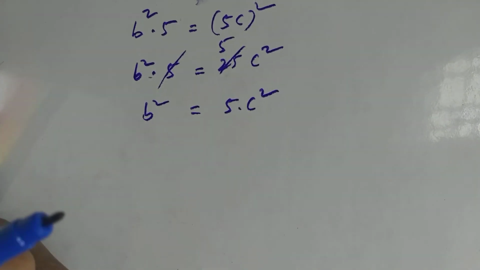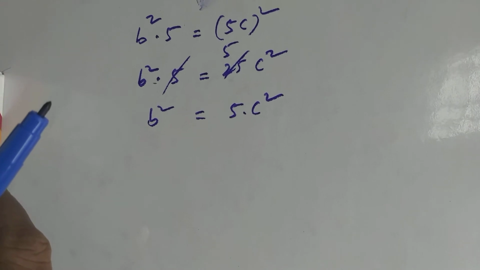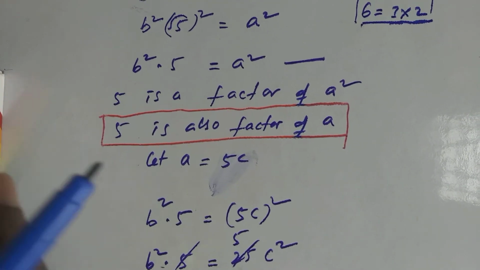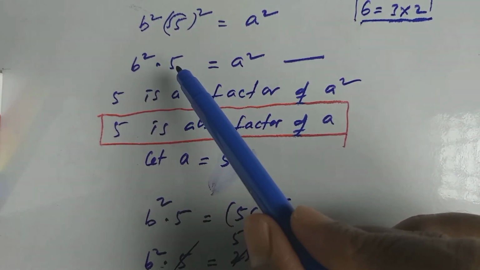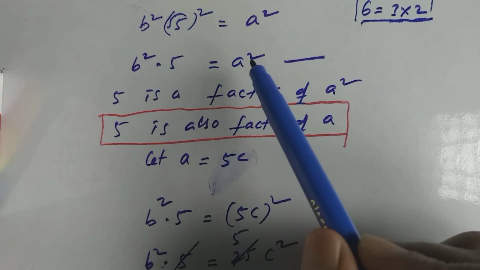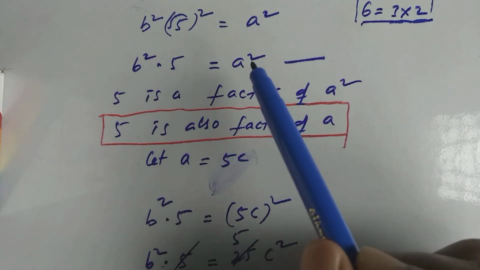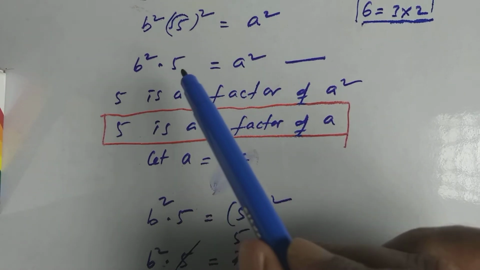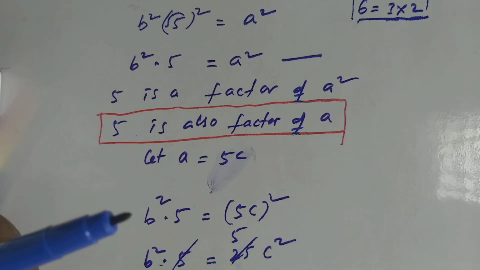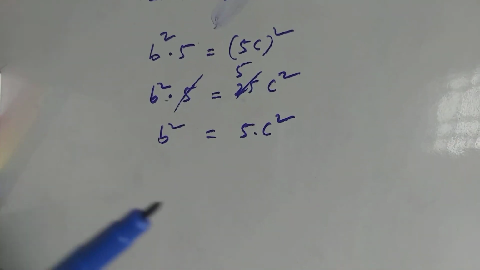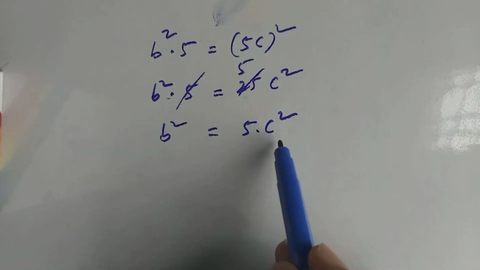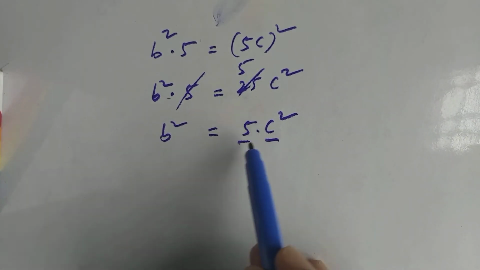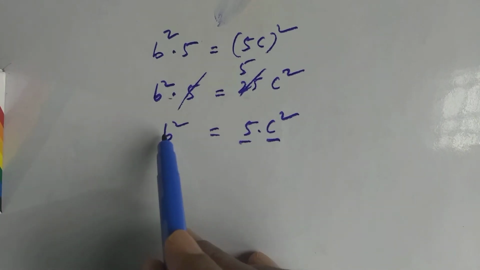Now here you can see what we discussed. b square into 5 is equal to a square. Then we said 5 is a factor of a square. A square is written as the product of two terms. Similarly here, b square is equal to 5 into something, a product of two numbers. So two numbers are the factors of b square.